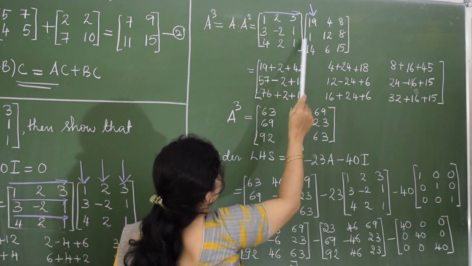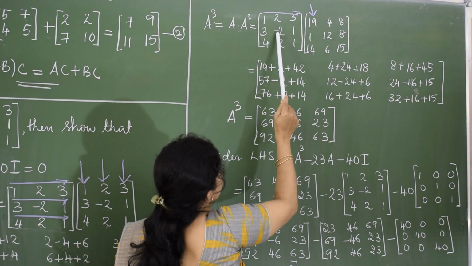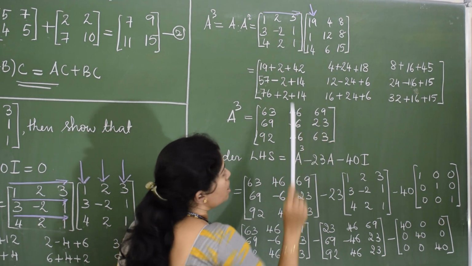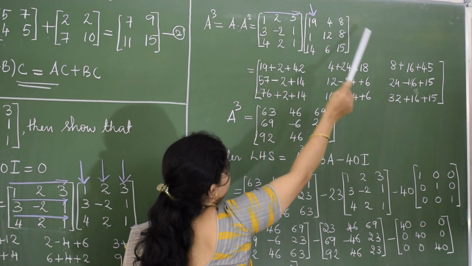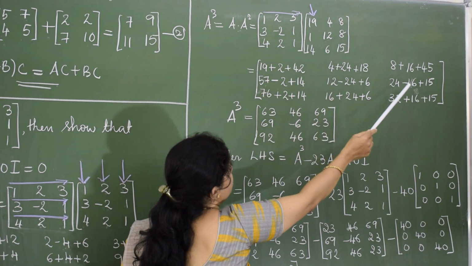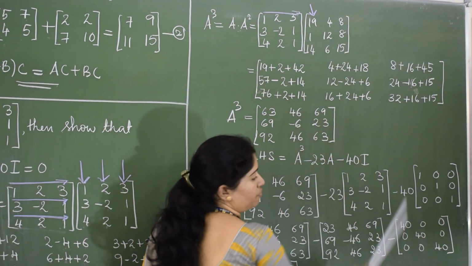Next the second row with the second column. 3 into 4, 12 minus 2 into 12 is minus 24. 1 into 6 is 6. Next second row with the third column. 3 into 8, 24 plus minus 2 into 8, minus 16 plus 1 into 15, 15.